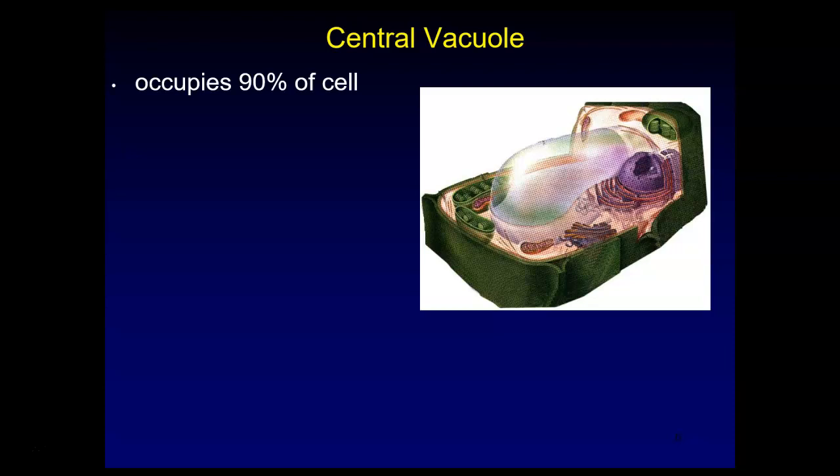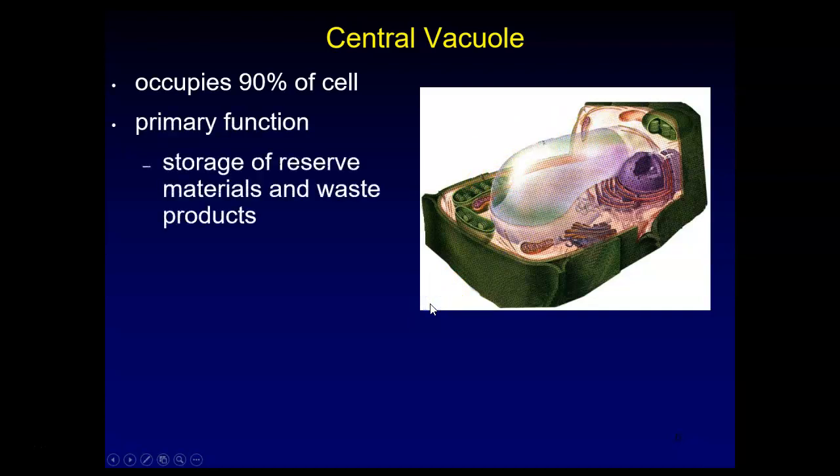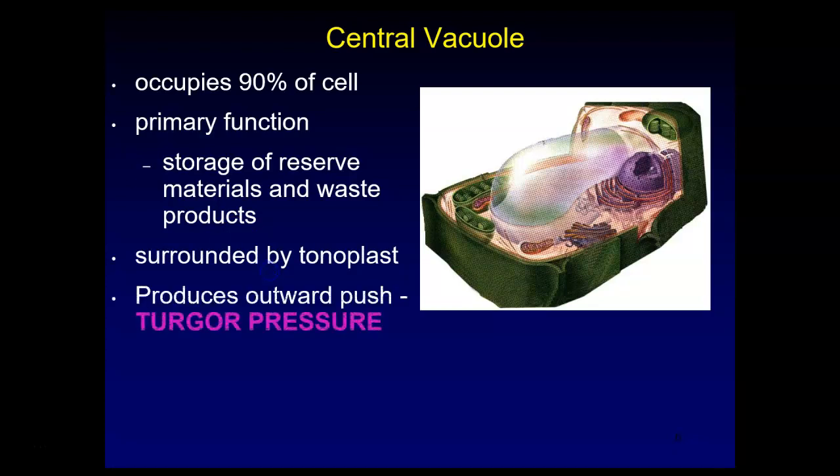There may be some toxins in there. So we know that this is a fluid-filled chamber. This outermost membrane is called the tonoplast. So again, primary function, storage of reserve materials and waste products, surrounded by that membrane called the tonoplast.